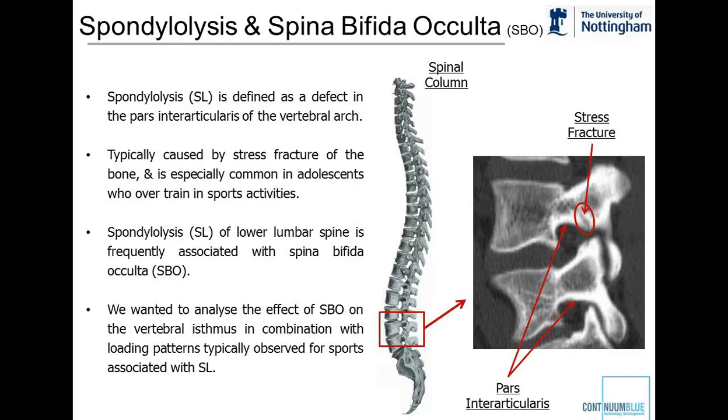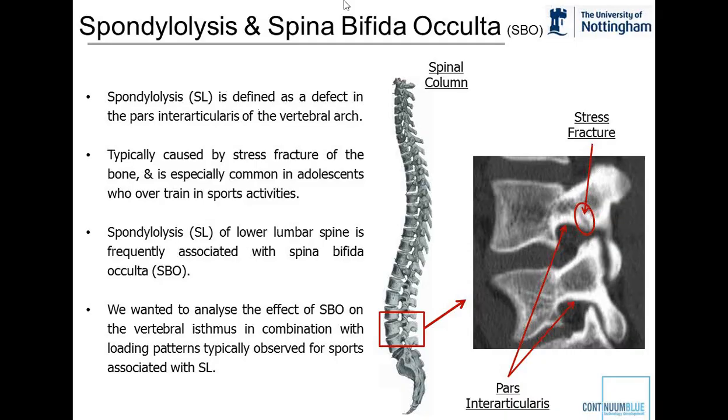So just to give you a quick overview of what spondylosis and spina bifida are, basically spondylosis is defined as a defect in the pars interarticularis of the vertebral arch. What is that? Basically, these bony little bodies that protrude out the back of your back are these little pars interarticularis, and the parts that attach those bony bits to the main spinal column.